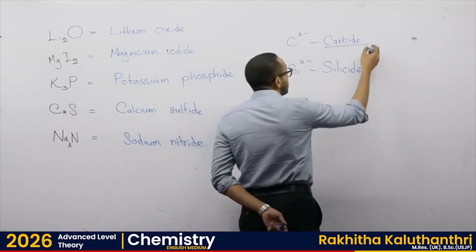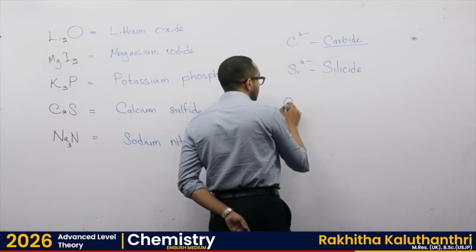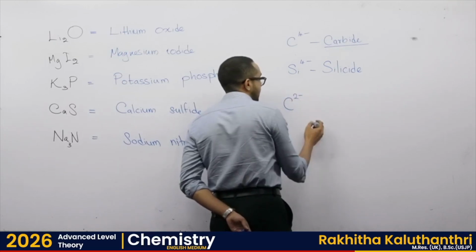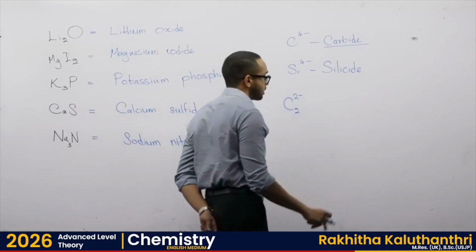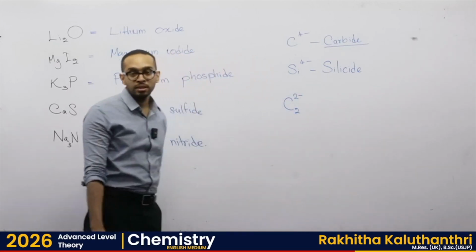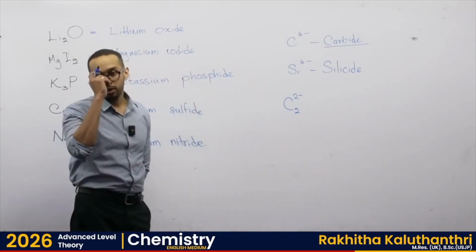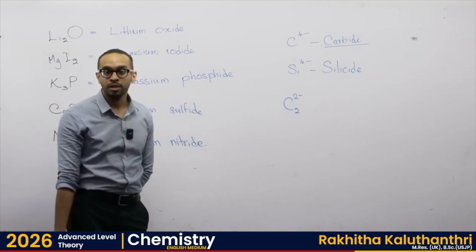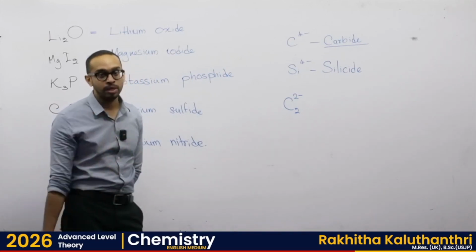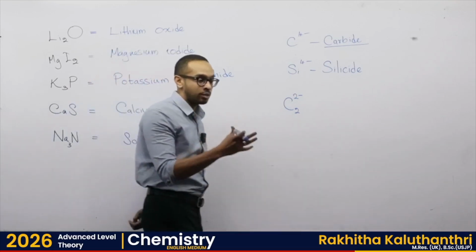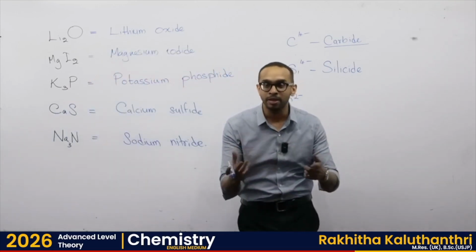could also mean, the word carbide is also given for C2 2 minus. Like, you say your fruits have been added with carbide. They put calcium carbide in water, and it's a very simple chemical reaction.